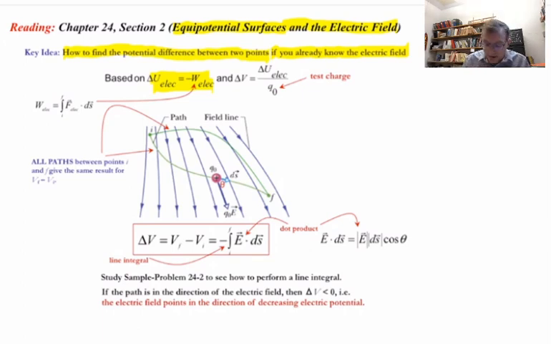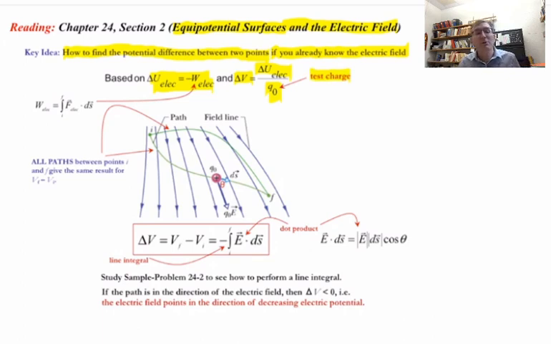Idea 2 is this. The potential difference, delta V, between 2 points is equal to the potential energy change, delta U electric, when a charge moves between those 2 points, divided by the charge. And we're going to call the charge here Q0. We're going to assume it's positive, and we're going to call it a test charge.